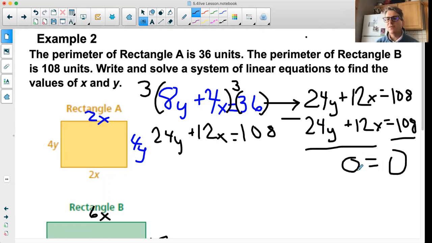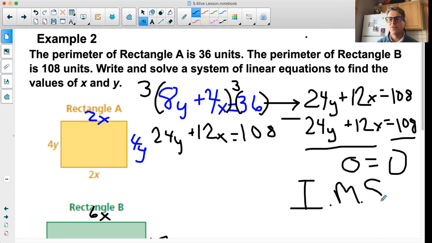So the equation 0 equals 0 is always true, okay? And so that means that in this context, x and y must be positive. So the solutions are all points on the line in quadrant 1. So the system has infinitely many solutions.